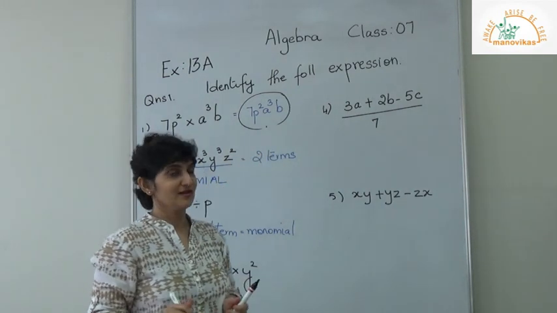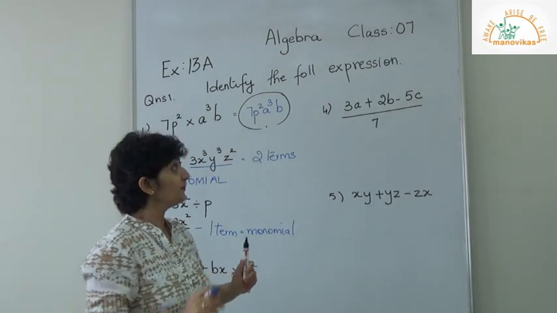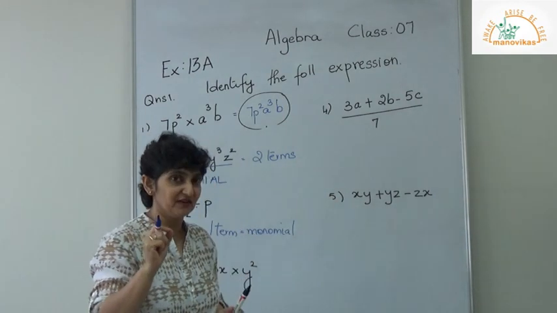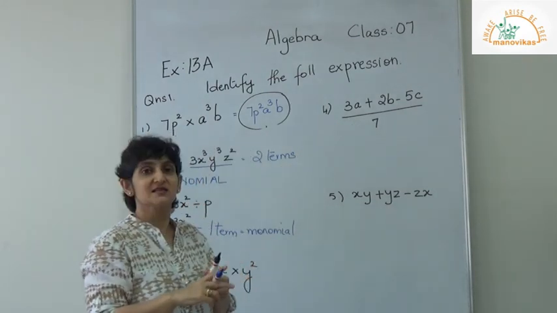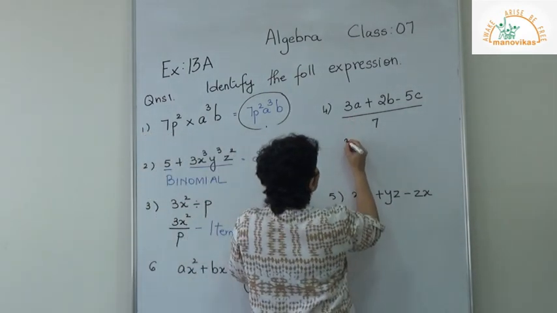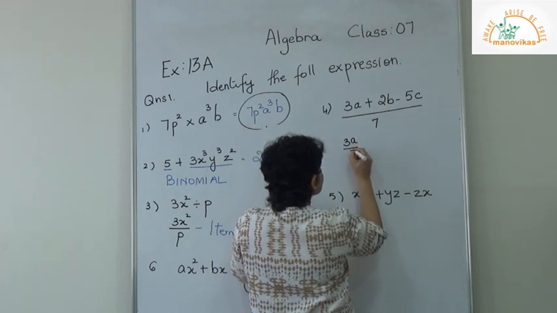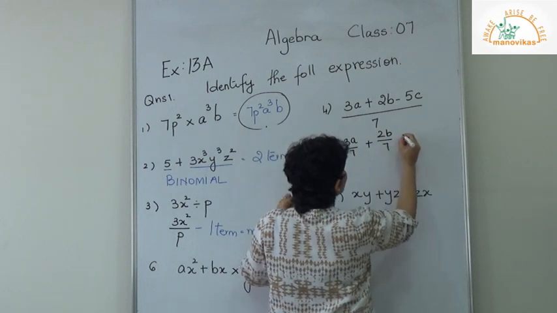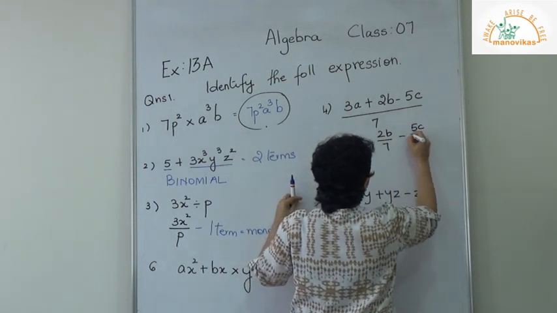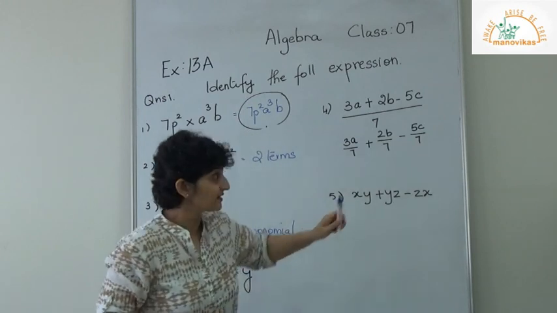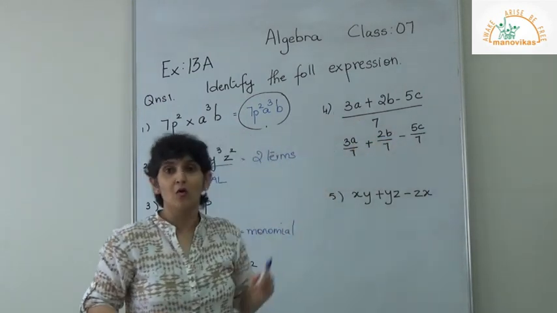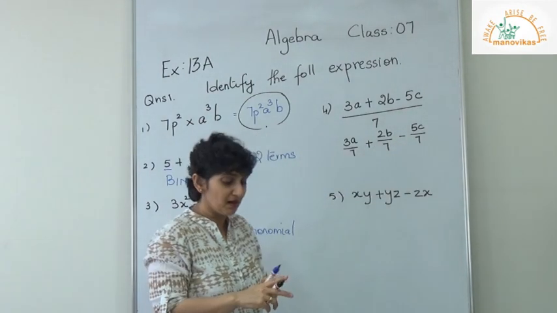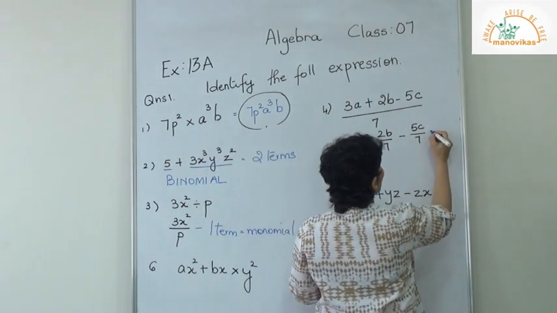Now fourth, now children, here if you see, I have plus and minus, 2 and upon 7. Actually, what does this mean? This means 3a upon 7 plus 2b upon 7 minus 5c upon 7. Correct? This denominator is for all the three. So, now this has been divided with plus and minus. So, how many terms do I have here?